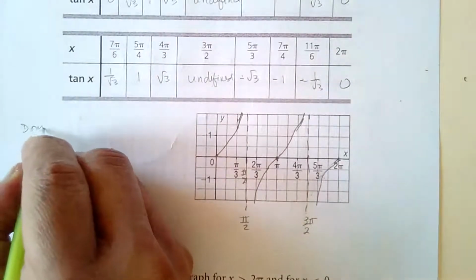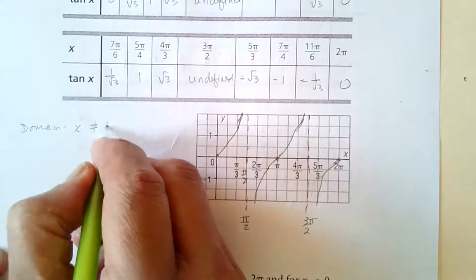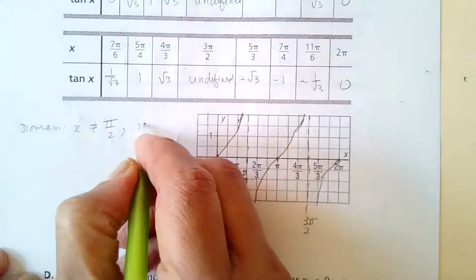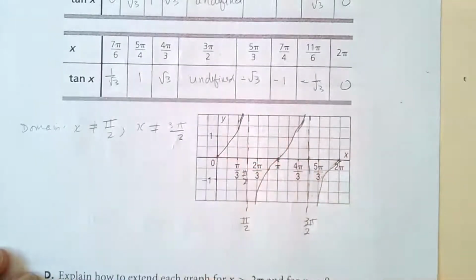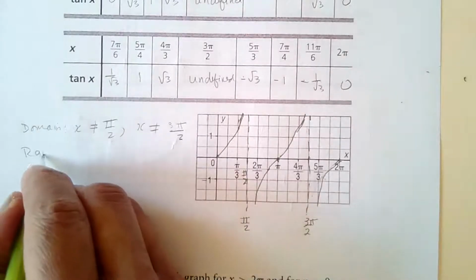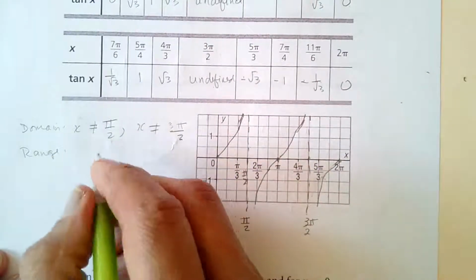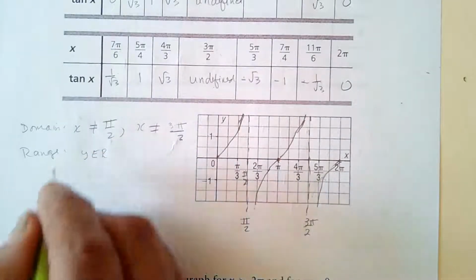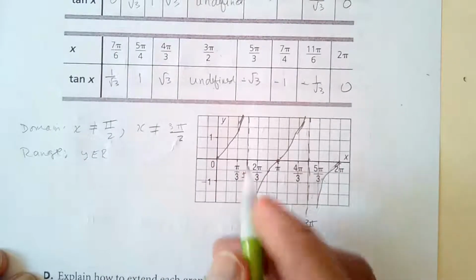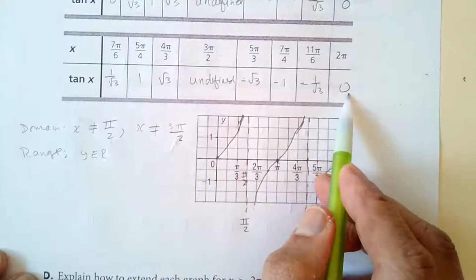So the domain is where x is not equal to pi over 2 and x is not equal to 3 pi over 2. The range, there's no limitation to the range, right? It's from negative infinity to infinity. So we can say y is the set of real numbers. The x-intercepts are 0, pi, and 2 pi.